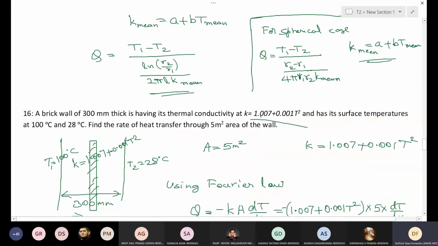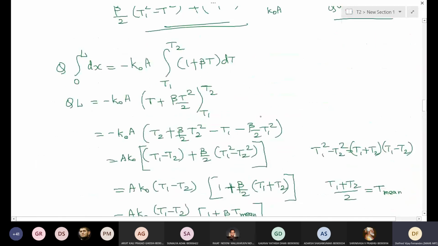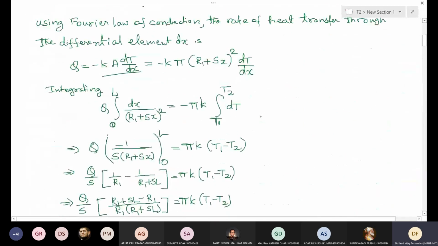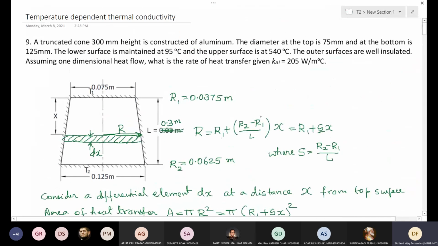The other thing I want to tell you about this cone problem is that you can expect other types of problems. Maybe we can take a square pyramid or frustum of a pyramid. Then you should know how to do that. Again, the process is the same.